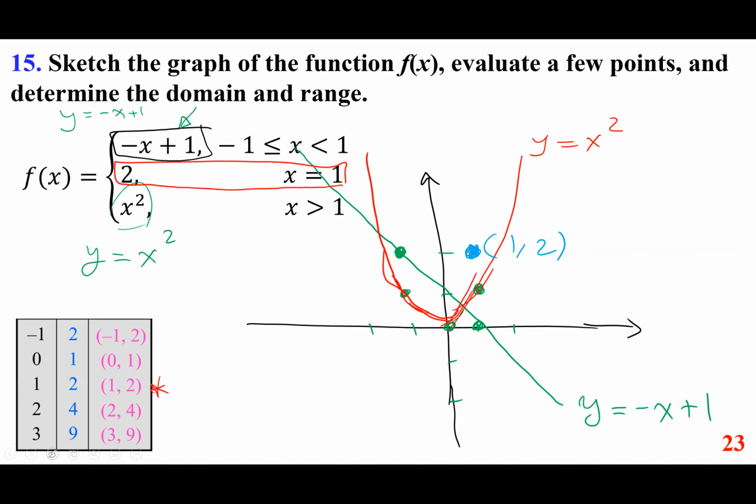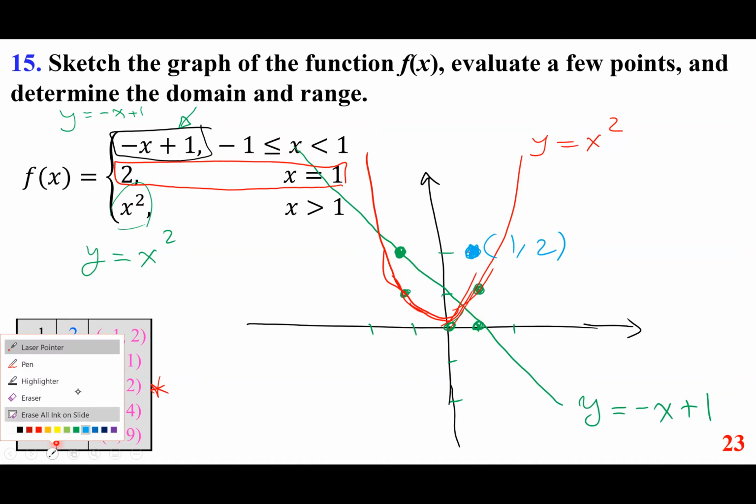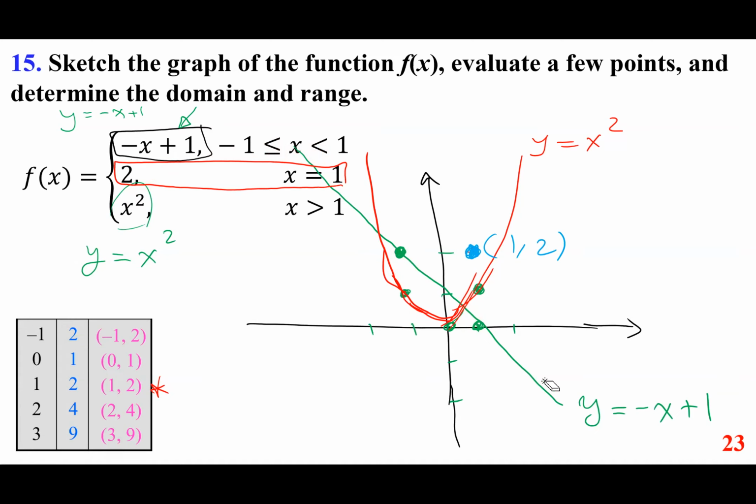So starting with the restriction for the first one says, this works only between -1 and 1. So from -1, it works from here. Okay, so -1 to 1 to here. And I'm going to erase this and show you what happens. I'm going to erase this. So what happens is that I have this part.